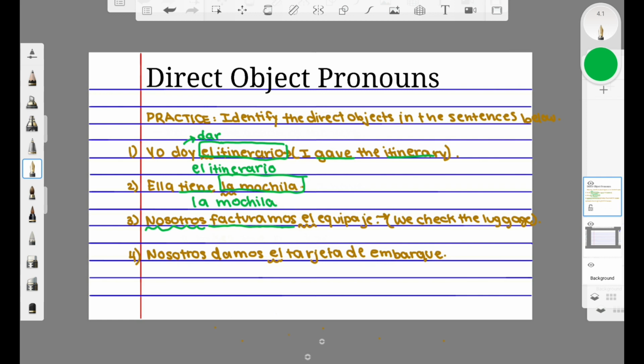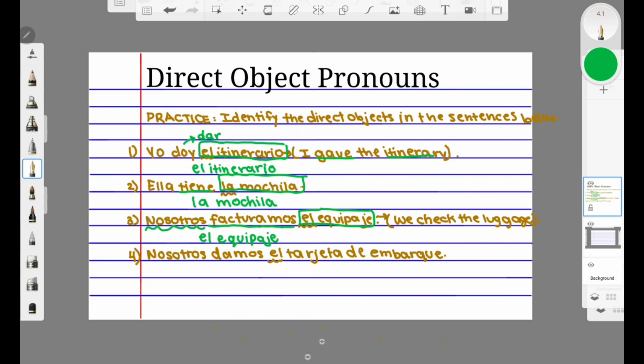It's the very basic Spanish, so that you're able to notice that facturamos itself isn't the infinitive form. Facturar is, and facturamos, the amos is just the ending for the nosotros subject pronoun. So now that we have our verb, we can say we check what? We check the luggage. El equipaje is our direct object.